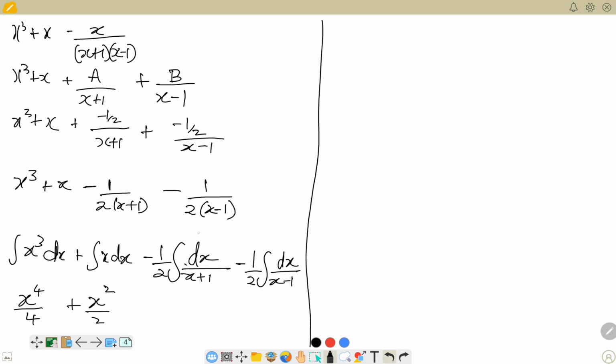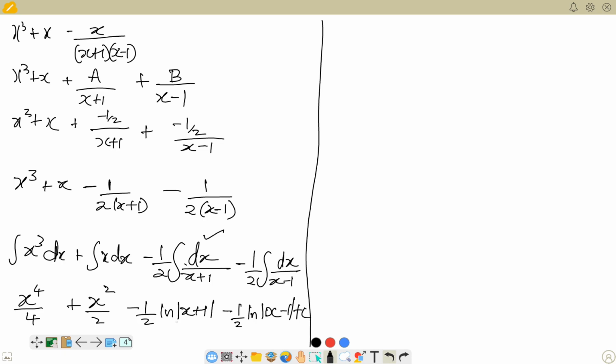When we integrate this term here, we will get 1 over 2 ln of x plus 1 minus 1 over 2 ln of x minus 1 plus c. Every time we should always include the c when we're integrating. So from here we can leave it like that.